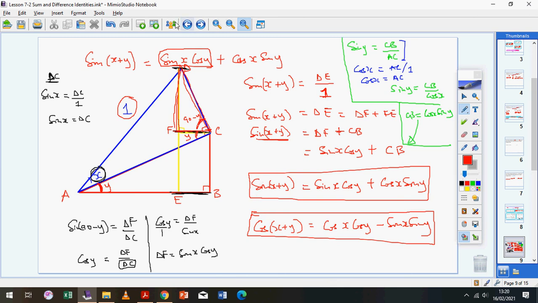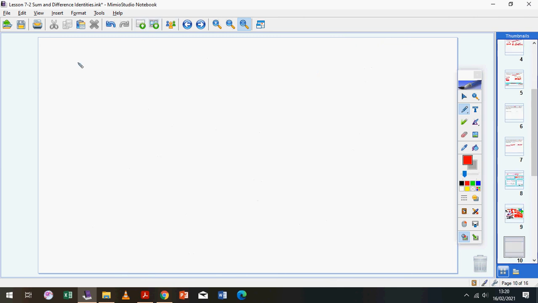I have that sine of x plus y is equal to sine x cosine y plus cosine of x sine y. If I want the difference, sine of x minus y, I know that subtracting y is the same thing as adding a negative angle, right?